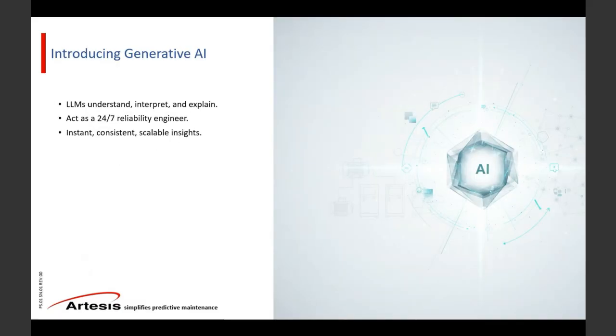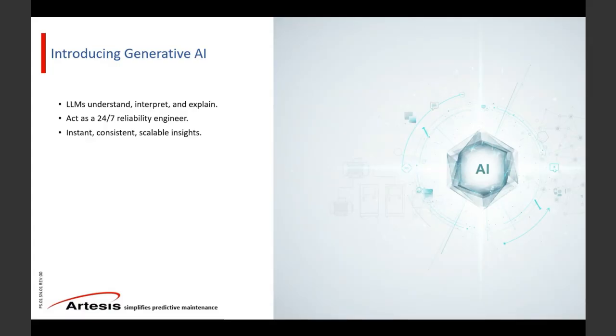So here, of course, generative AI isn't just another algorithm you bolt onto our system. It's a different kind of layer because it's built to understand, interpret, and explain, and not just detect. The easiest way to picture this is to think of it like having a reliability engineer or diagnostic engineer available 24/7.